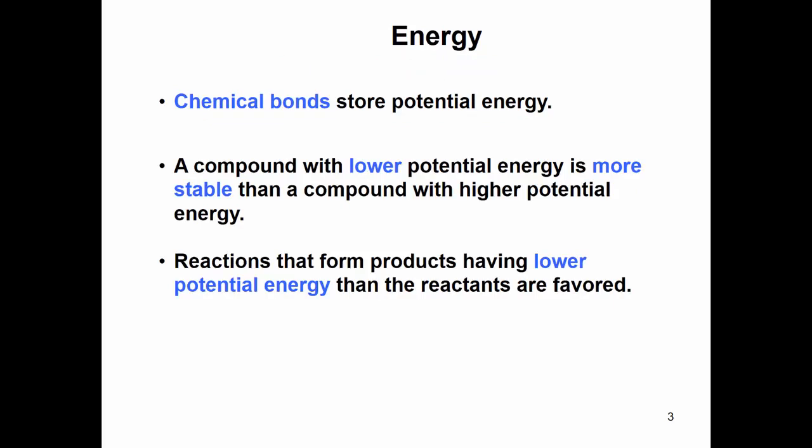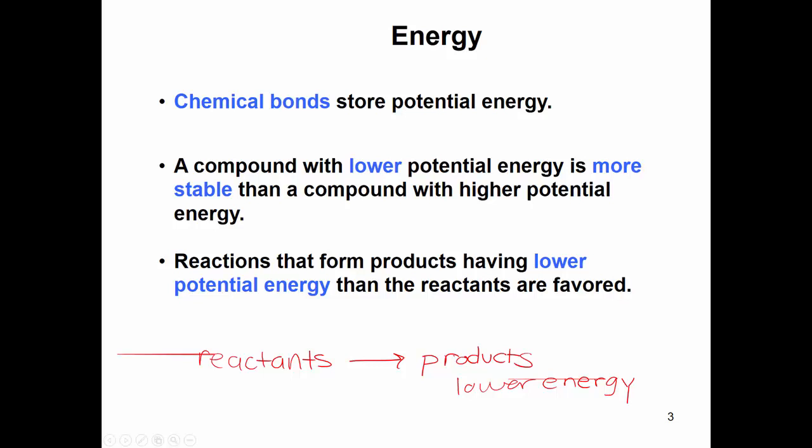So if we have a chemical reaction, and we have reactants, whatever those might be, and products, reactions that form products that have lower energy are favored reactions.